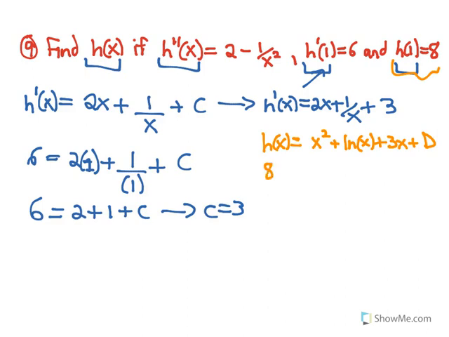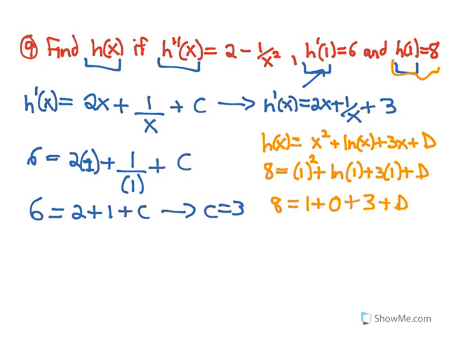So I'm just going to sub in 8 and 1 for x, plus ln of 1 plus 3 times 1 plus d. 8 equals 1 plus 0. Ln of 1 is 0 plus 3 plus d. So d must equal 4.